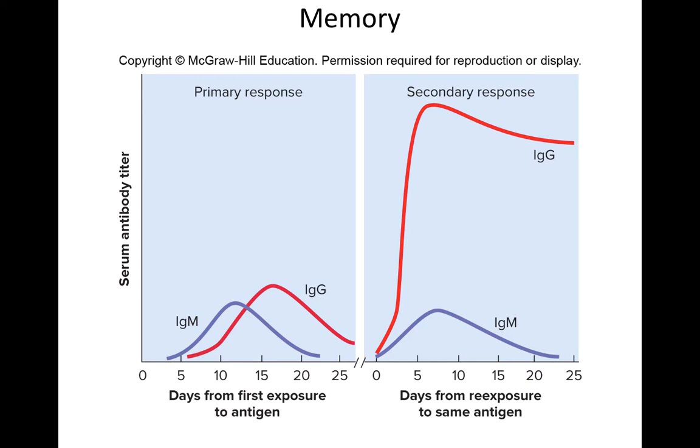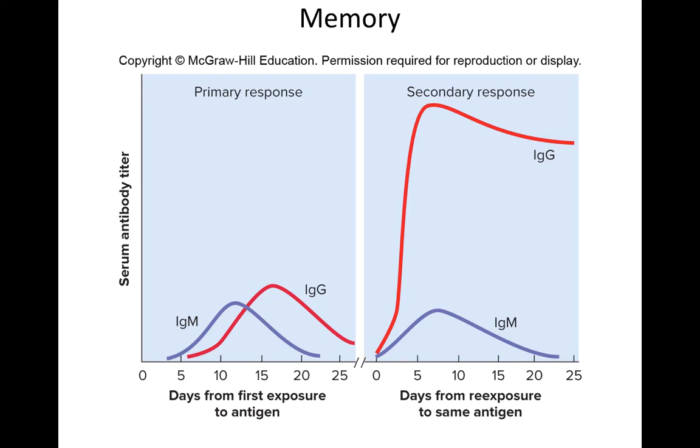This is also a good time to talk about that artificial active immunity that comes from vaccines. What a vaccine does is it gives you a primary response and gets you memory. So the primary response is not that great. So we inject you with a non-pathogenic or a non-virulent version of the antigen so that we can stimulate your immune system to go through that primary response and get memory.